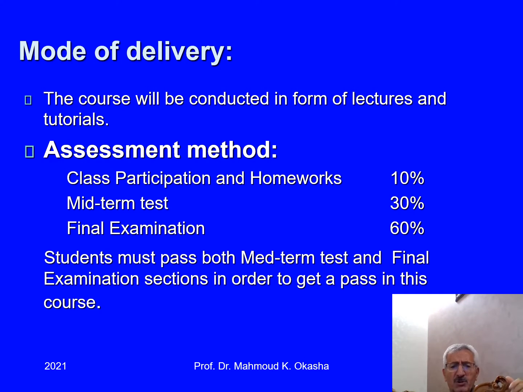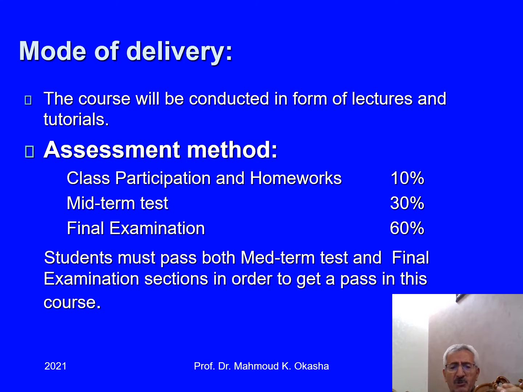The assessment methods, as usual, are supposed to be class participation and homework 10%, mid-term test 30%, final examination 60%. So maybe some changes will come from the academic affairs to change these numbers.